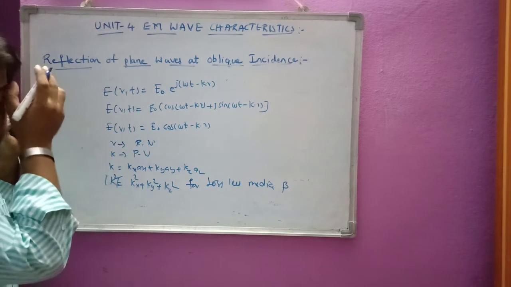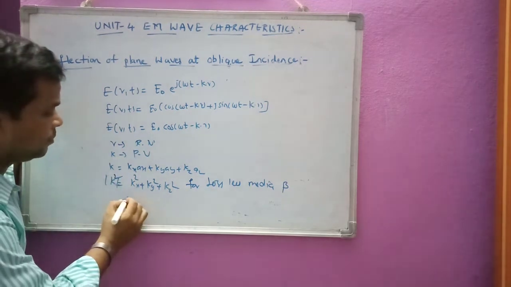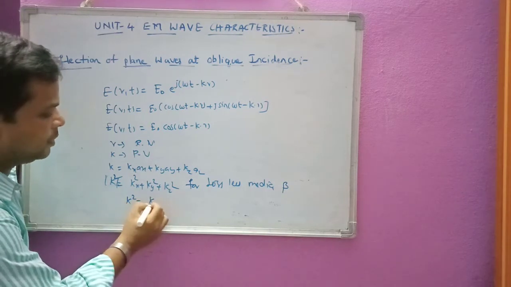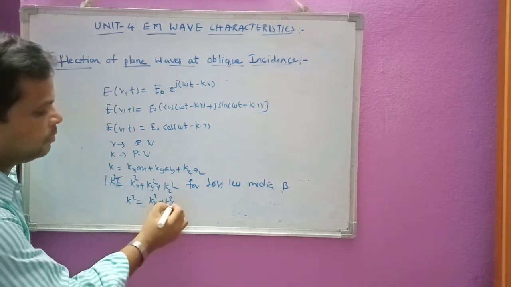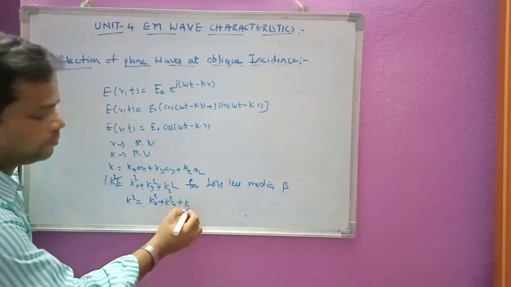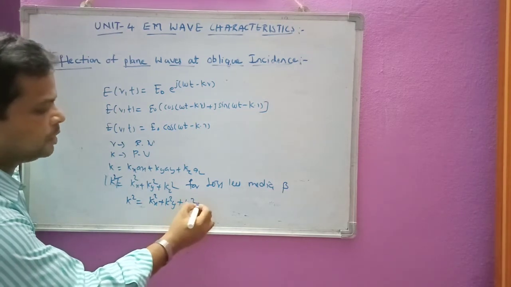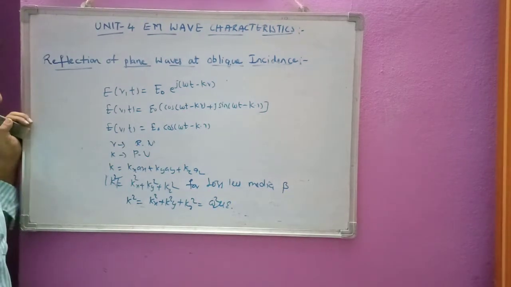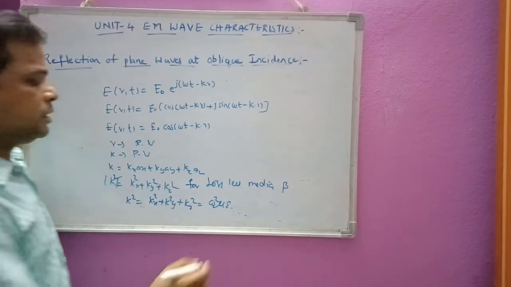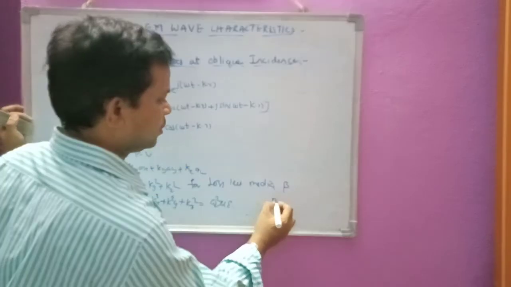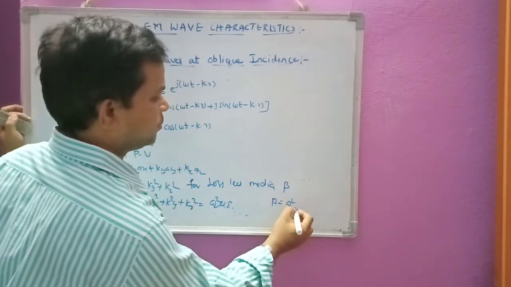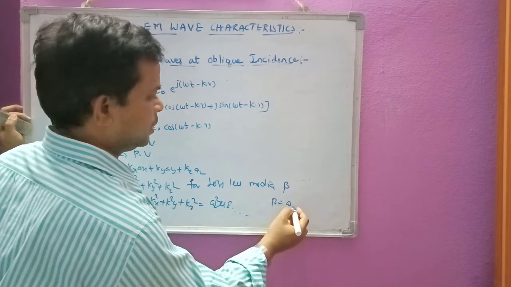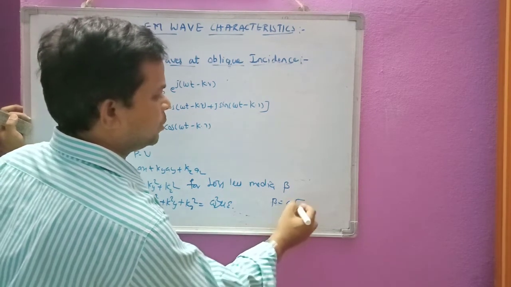So I can write k squared, that is kx squared plus ky squared plus kz squared, equal to omega squared mu epsilon. Actually beta is equal to omega root mu epsilon.